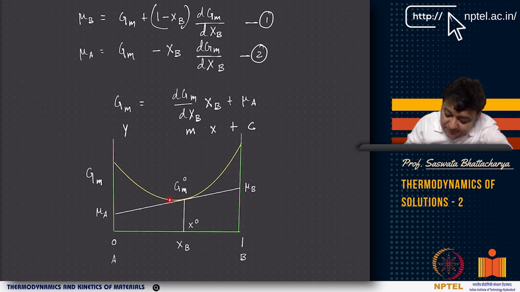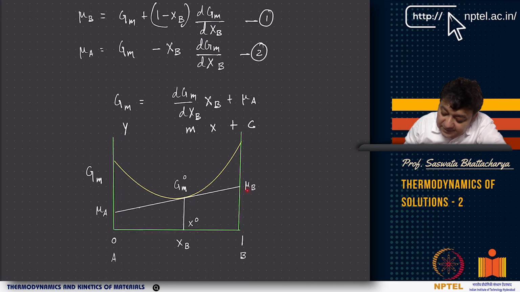You can take any point and draw a tangent like this, and you can see that this is the intercept c. You can also write it the other way, in terms of xa, and you will get mu b as the intercept.